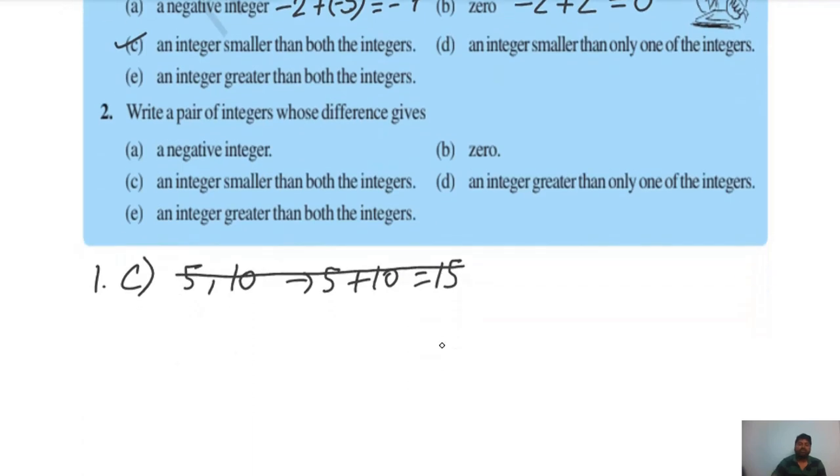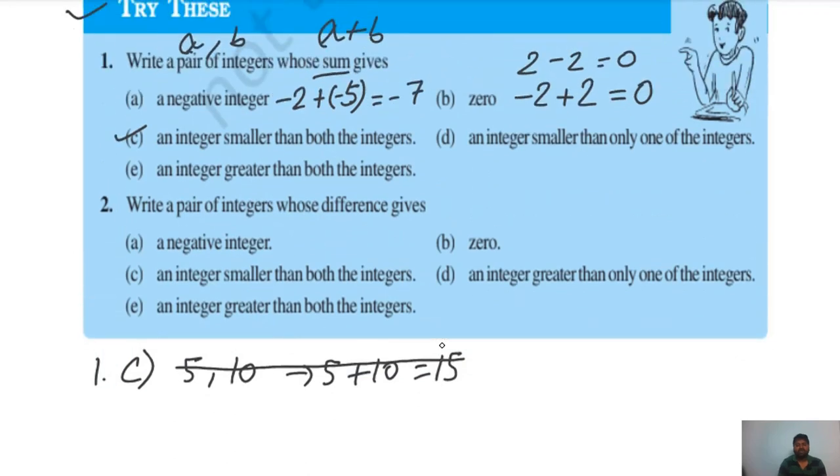Okay. So we can get two negative integers. Since the integer is smaller than both the integers, we say minus 2 and minus 7. We can get minus 2 plus minus 7.